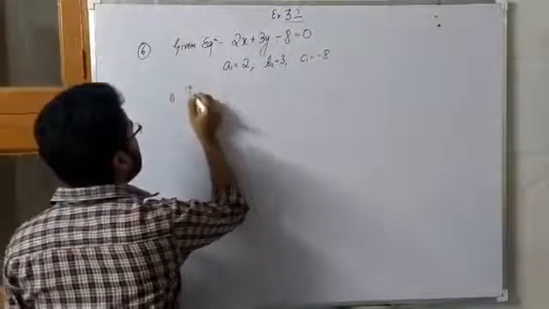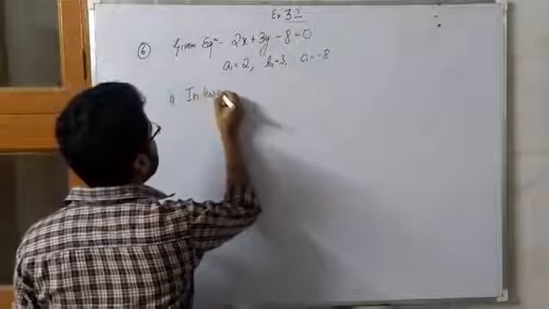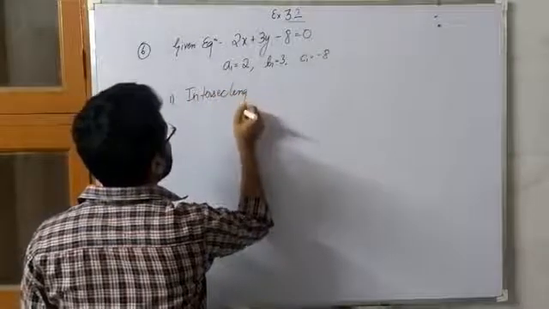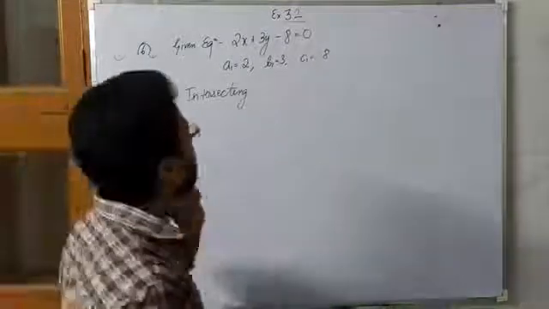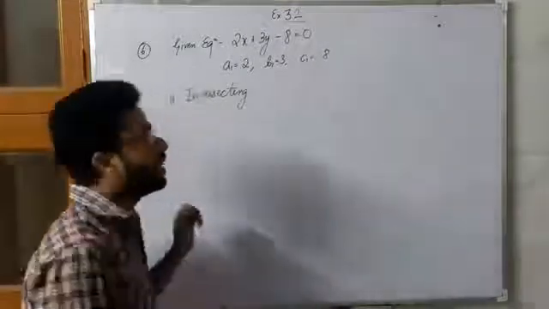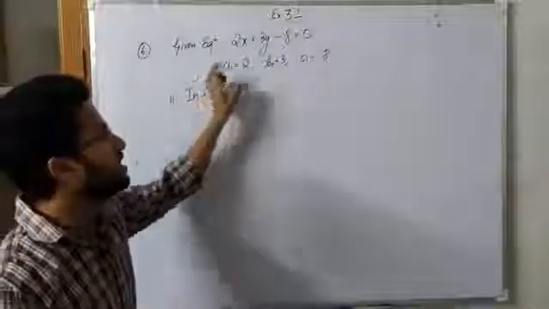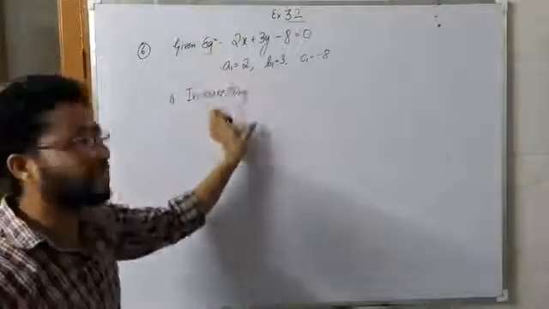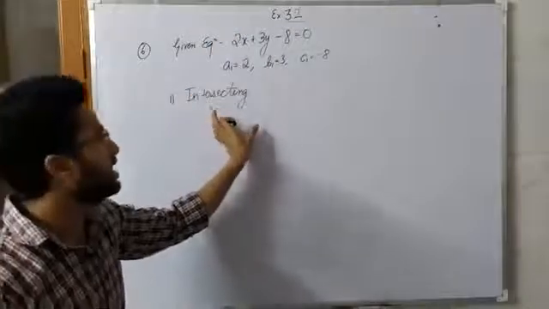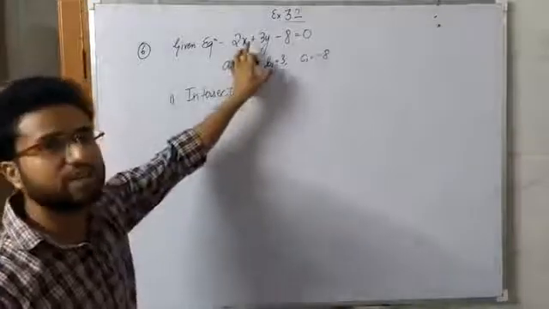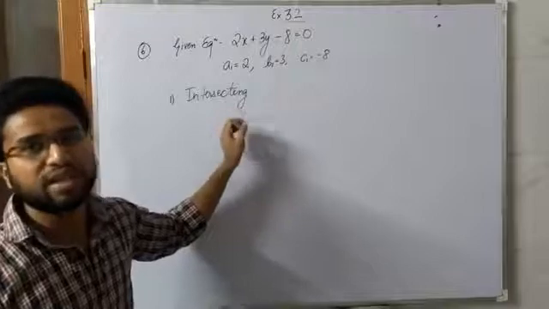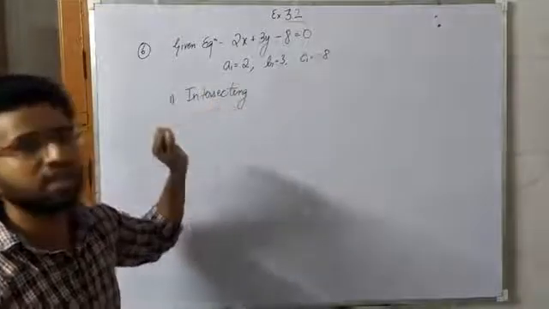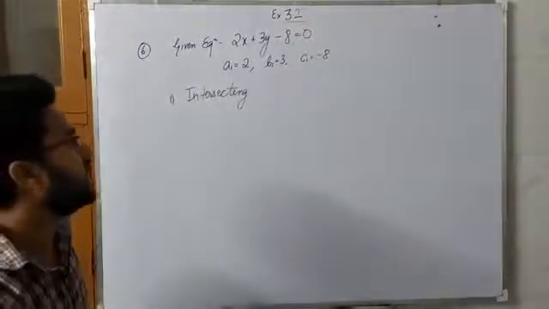In the first part, the lines should be intersecting. Just listen to this very carefully. This is only one equation, you have to give the second equation such that the graphs of this equation and that equation intersect, meaning the pair of linear equations should be intersecting, right?